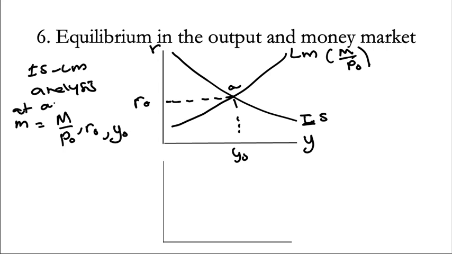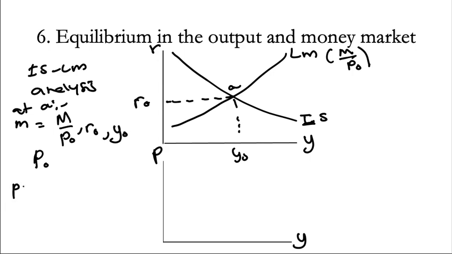At point A. Now, for aggregate demand curve, in the second graph, we need to have price level on the vertical axis and real output level on the horizontal axis. Because we want to draw aggregate demand against price and also output, so we must have initial price, which is P naught, which is given, yeah? So we have initial price P naught.